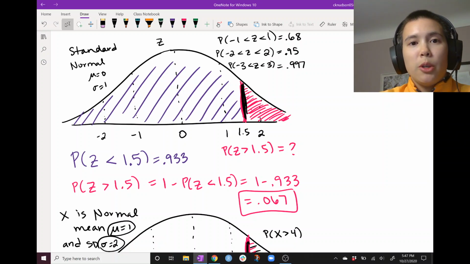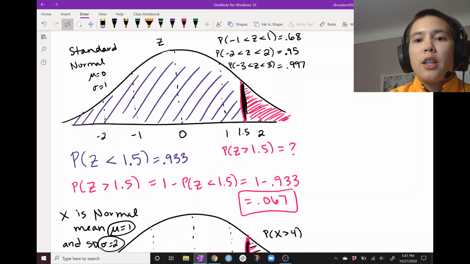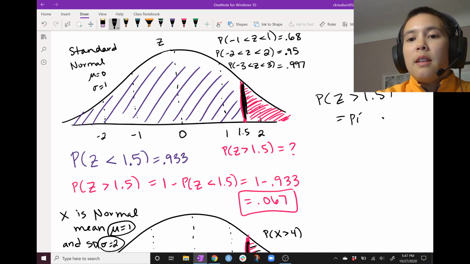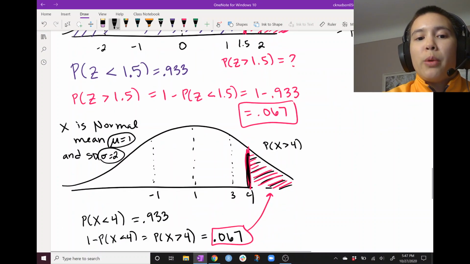And then they had tables and pages of probabilities for just the standard normal distribution, because we knew that the probability that z is greater than 1.5 is the same thing as the probability that x is greater than 4.